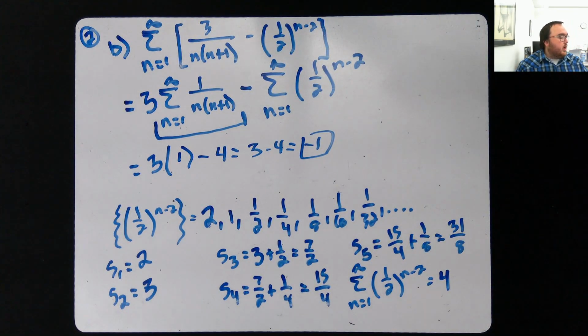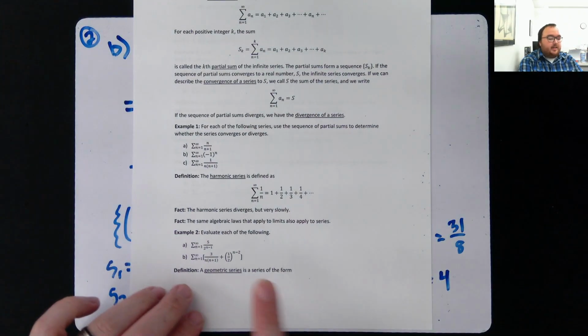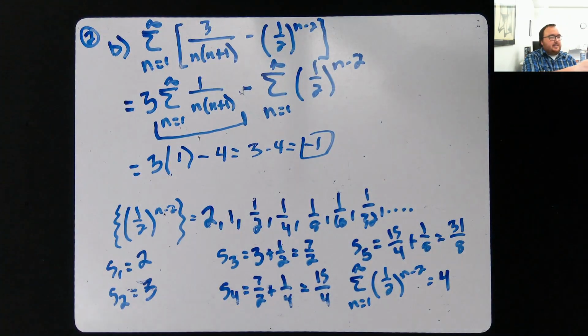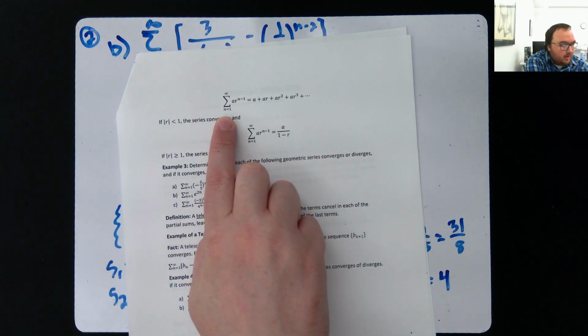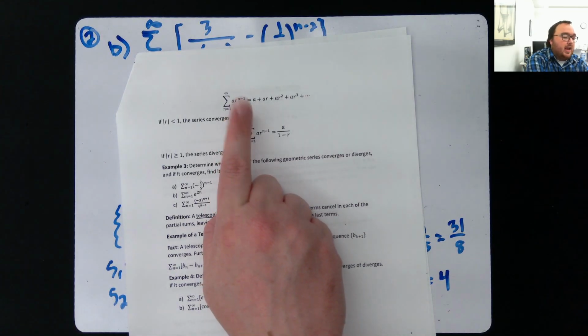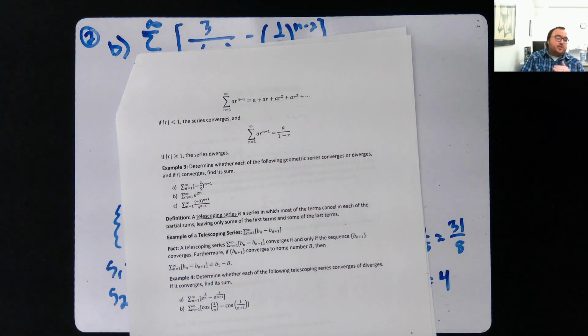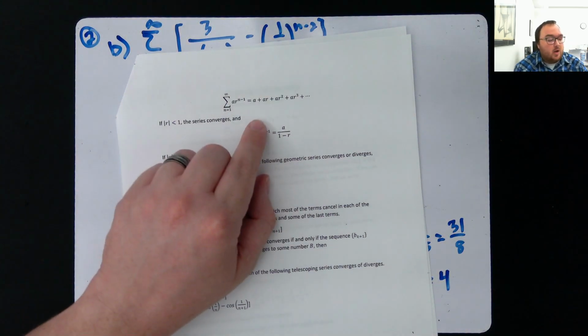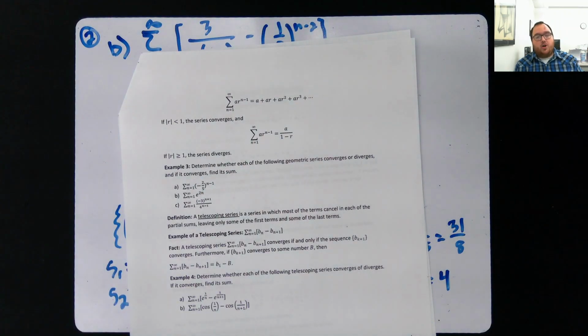All right, we have another special type of series that is called geometric. A geometric series is a series of the form, the sum from 1 to infinity of a times r to the power of n minus 1. So it's like a plus ar squared plus ar cubed, on and on.